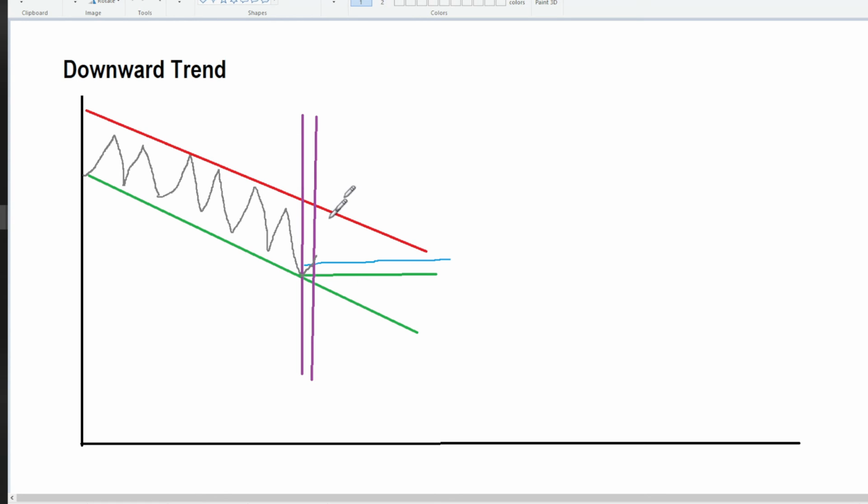Well, of course, it would be somewhere at this range here, somewhere in here, and just wait for it. So that is a very simplified way of looking at upward and downward trends.